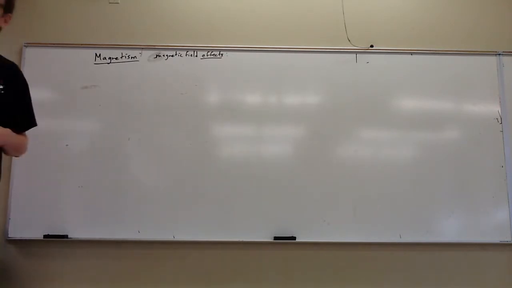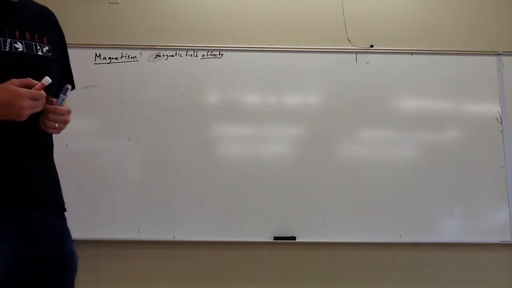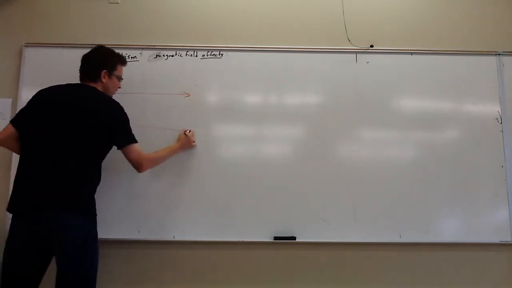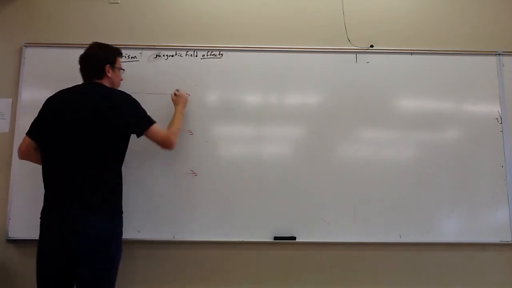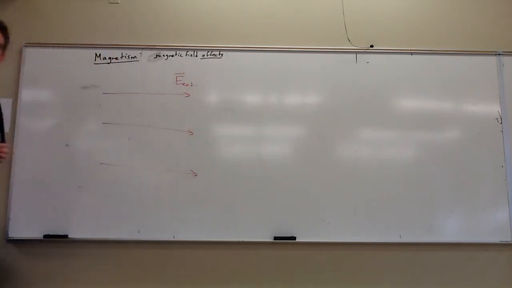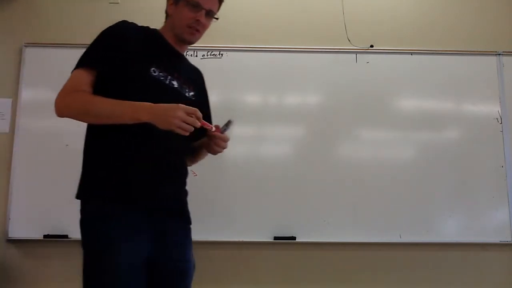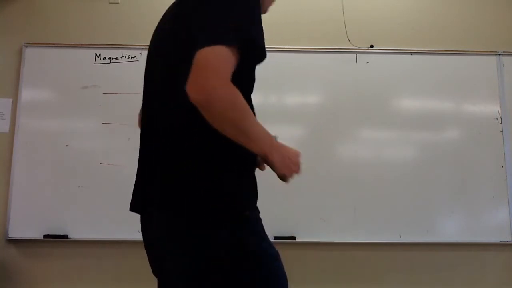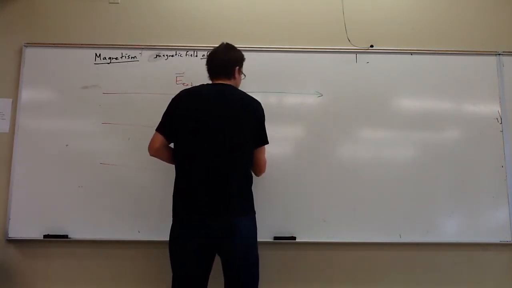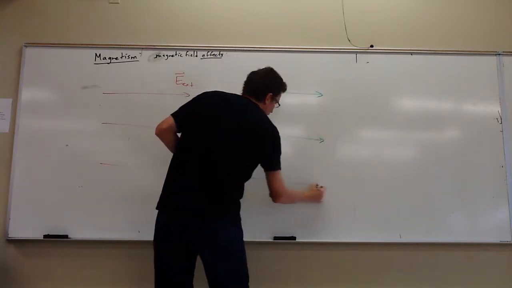So here's what I'm going to do. I'm going to have, for comparison, what we're of course just leaving behind, a uniform external electric field. Of course, that's the simplest electric field you can have, a uniform one. And I'm going to compare it to a uniform magnetic field.